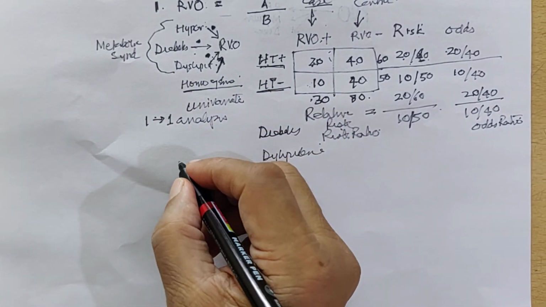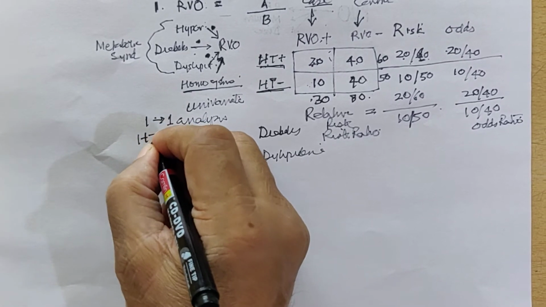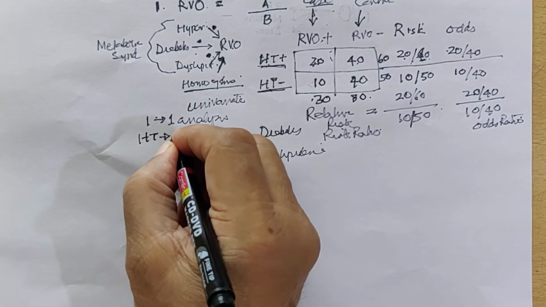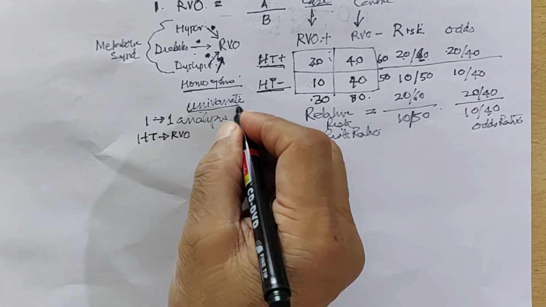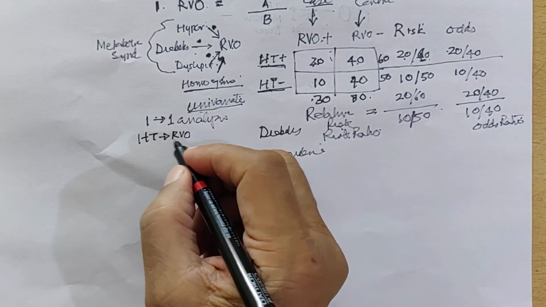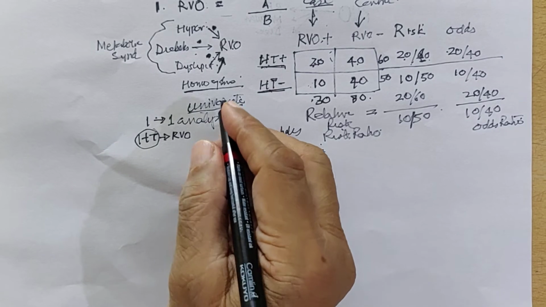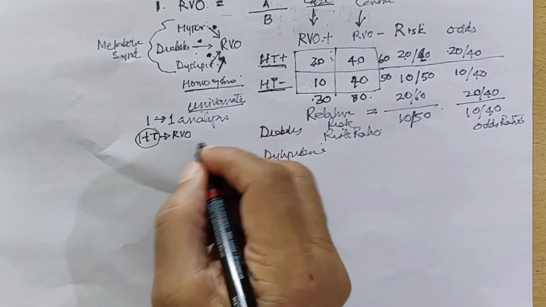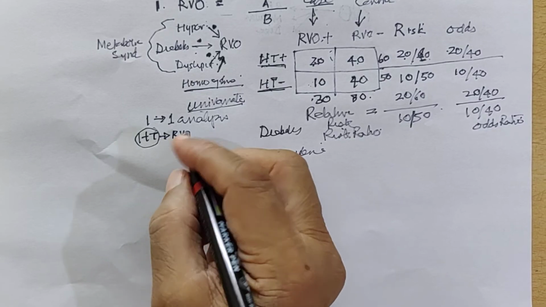where one thing like hypertension is associated with retinal vein occlusion. This is called univariate because there is one explanation only, and this usually gives crude results, crude odds ratio or crude risks.